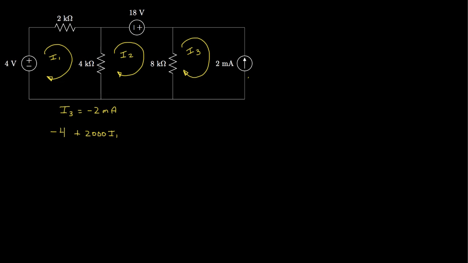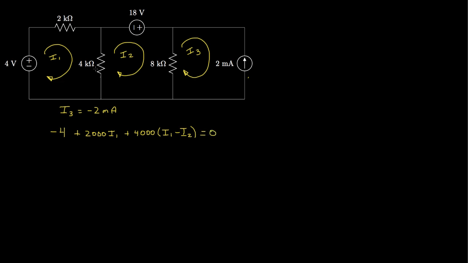And then the drop across this 4 kilo ohm resistor, that would be 4,000 ohms times I1 flowing in this direction minus I2 in that direction. There's I1 minus I2.